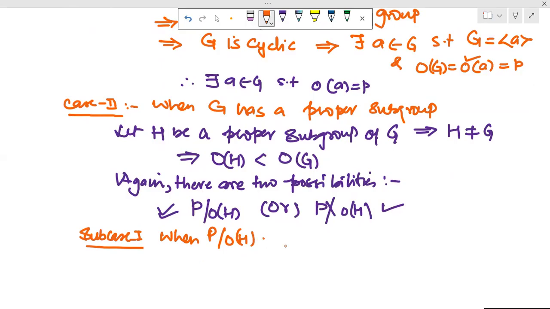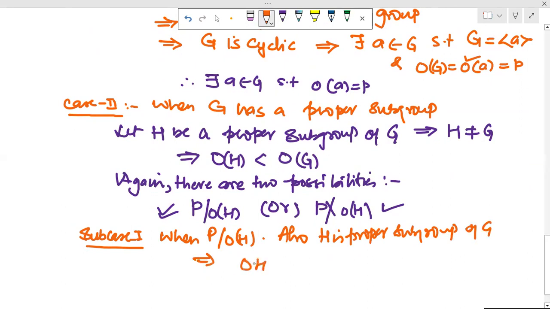Now P divides the order of H. Also, H is a proper subgroup of G. This means that the order of H is less than the order of G, which is equal to n. So we are getting P divides the order of H, and the order of H is less than n.